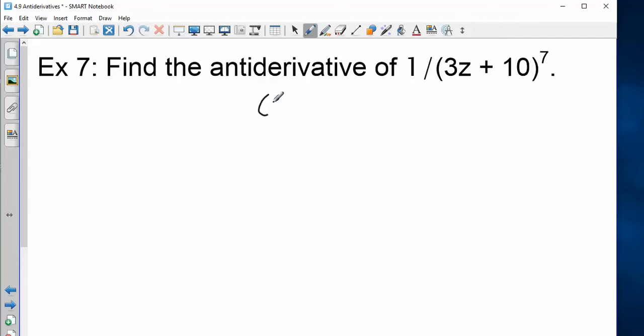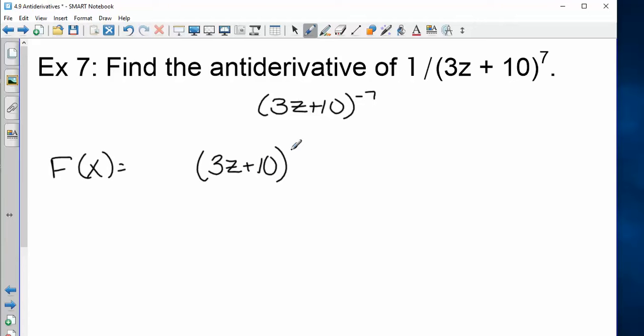So this is the same as 3z plus 10 to the negative 7. So if I do the antiderivative, the inside stays the same. Add 1 to the power, so it's negative 6. So what do we have to put in front?